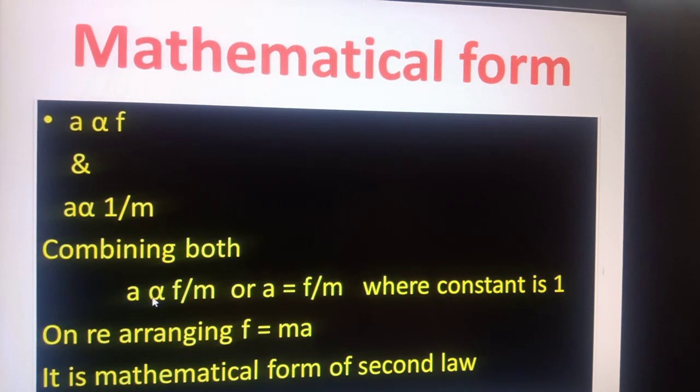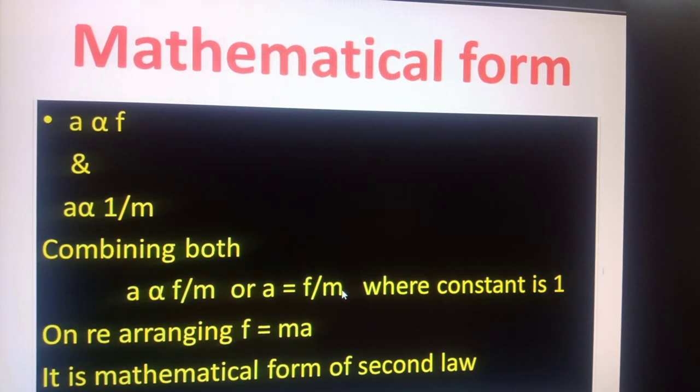You know, when we remove the proportionality sign, we put a constant there. In this case, the constant is 1. So this equation gets the form a equals F over m. This form is obtained from the statement of Newton's second law. Now rearrange this equation, bringing m to the other side.